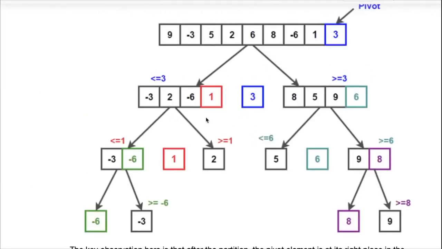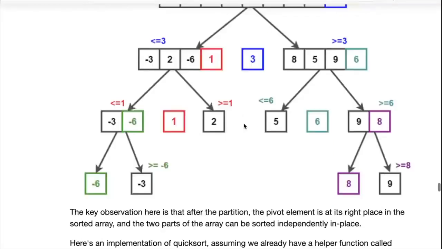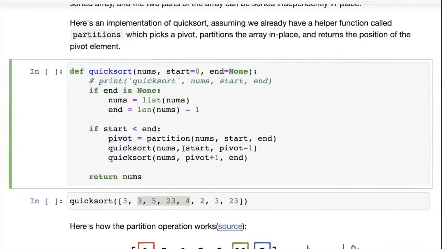Then we can call quicksort on this region and on this region. So we can call quicksort on start to pivot - 1, and we can call quicksort on pivot + 1 to end. Now we are actually explicitly passing in values for start and end, so the copy will not kick in the next time. No more copies of the list will be created, and all the recursive calls will keep modifying in place.